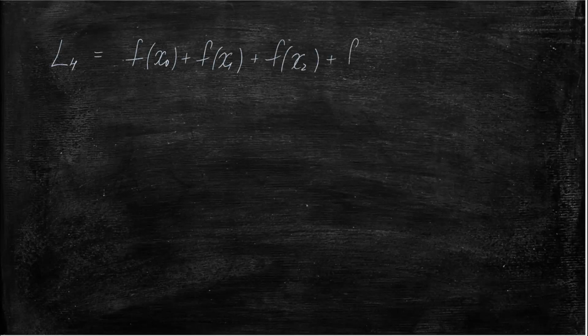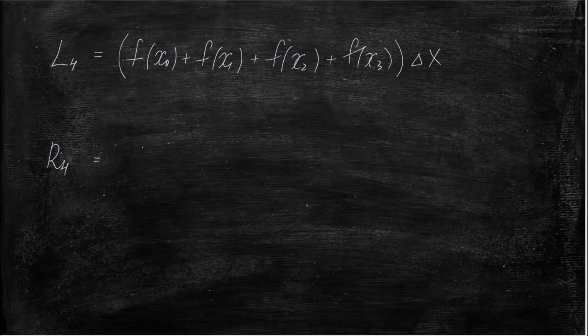I guess we would have to write the formulas. So L4 was equal to f of x0 plus f of x1 plus f of x2 plus f of x3, and all that multiplied by delta x.